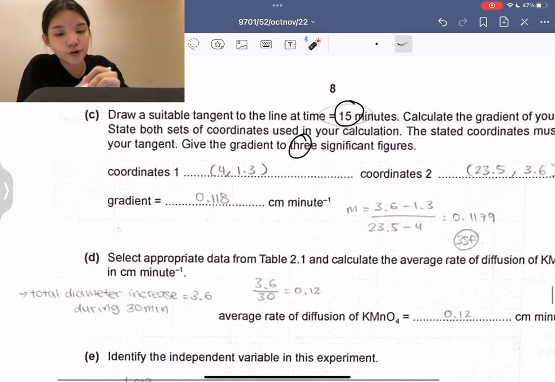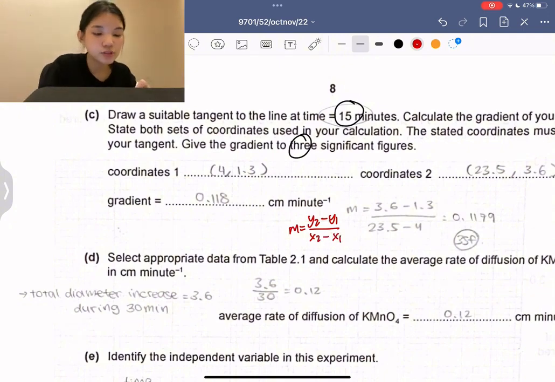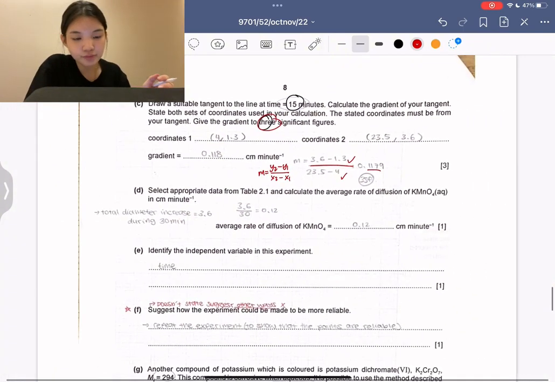The gradient formula is m equals y2 minus y1 over x2 minus x1. So m is equal to 3.6 minus 1.3 over 23.5 minus 4, then you divide it. It is equal to 0.1179, then to 3 significant figures, rounded off to 0.118 cm per minute.